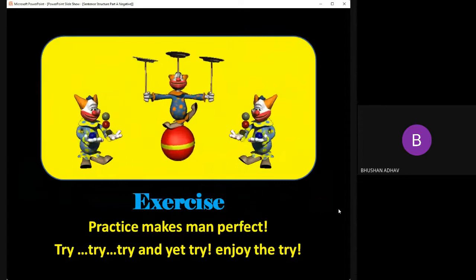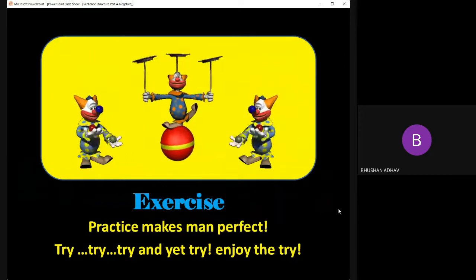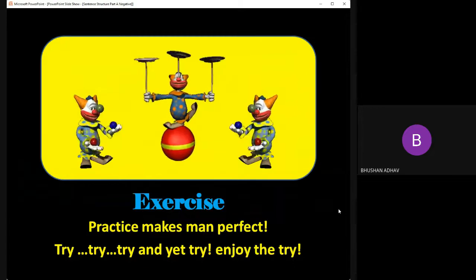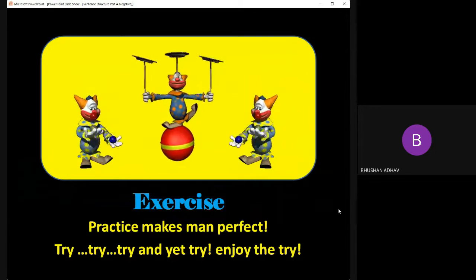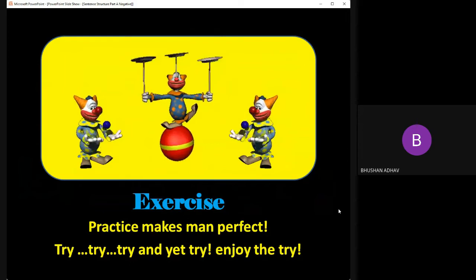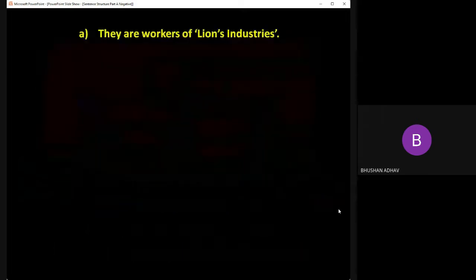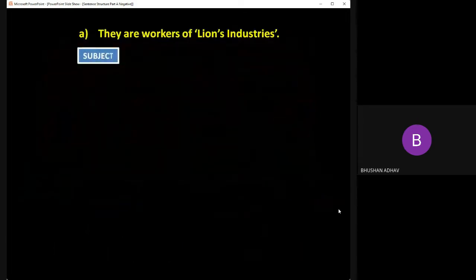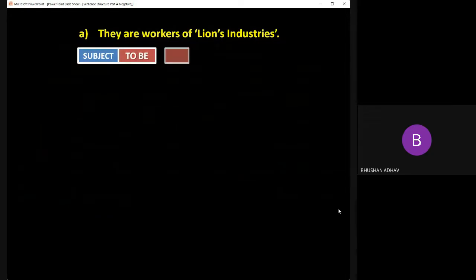Practice makes man perfect. So here is the sentence. We will exactly take the activity of negative sentences. Correct?